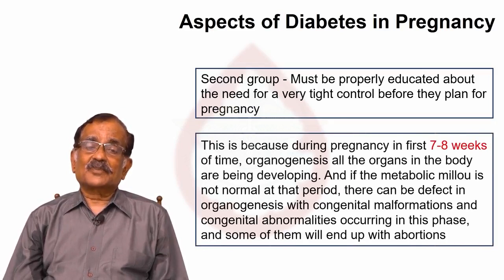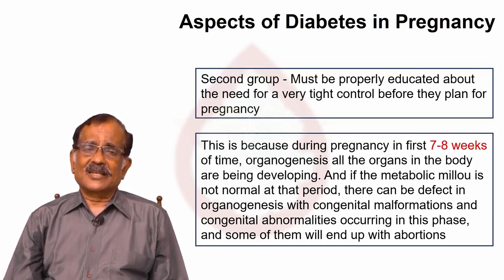This is because during pregnancy, at 7 to 8 weeks, is the time of organogenesis, when all the organs in the body are developing. And if the metabolic milieu is not normal at that period, there can be defects in organogenesis with congenital malformations and congenital abnormalities occurring in this phase, and some of them will end up with abortions at this time.